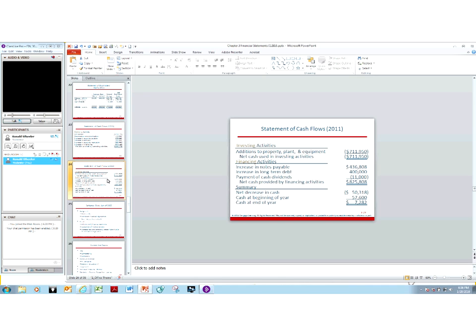And in this particular case, we see notes payable increased, long-term debt increased, and we paid dividends. And so we had to essentially borrow a net of $826,000 to pay for the investing activities, the equipment we bought, as well as fund the cash loss from operations that we saw on the previous page.